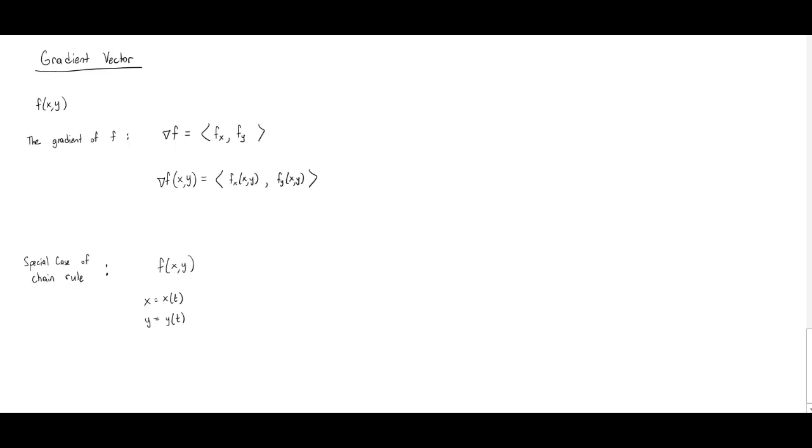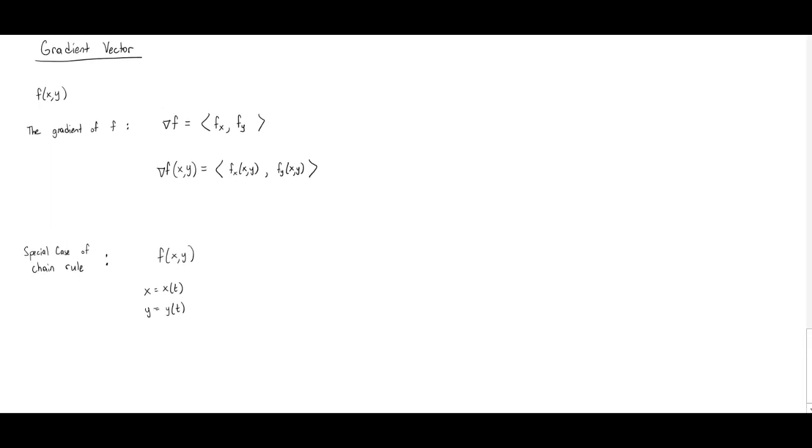Okay? So then, if I want to compute the partial derivative of f with respect to t, the chain rule would tell me it's the partial of f with respect to x times the partial of x with respect to t, and then plus the partial of f with respect to y times the partial of y with respect to t. Okay?